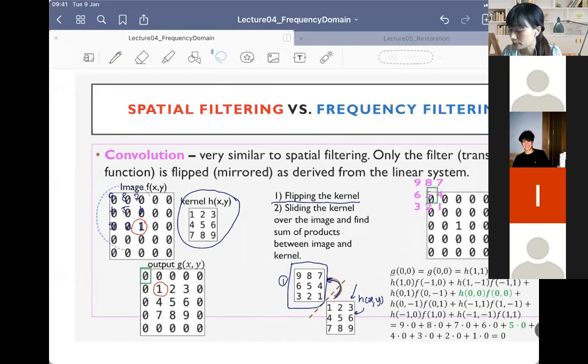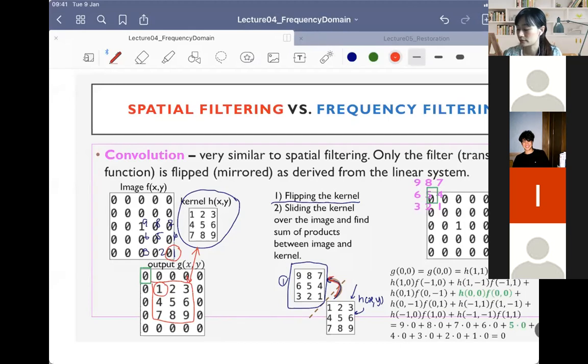When I move it, I see 2 now and 3, and then we go to the next row. We calculate the output from the convolution, and we get the result just like here. So what you have noticed, convolution and spatial filtering, the process is very similar. What you have to do in convolution is just flip the kernel first.